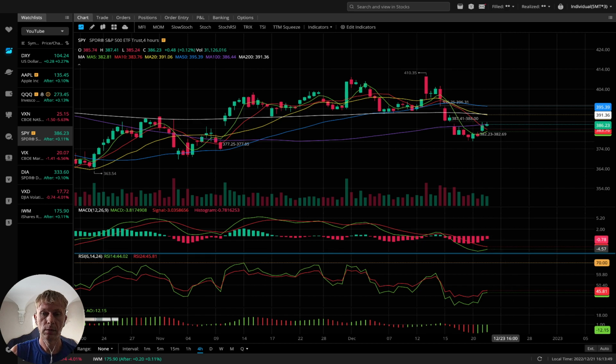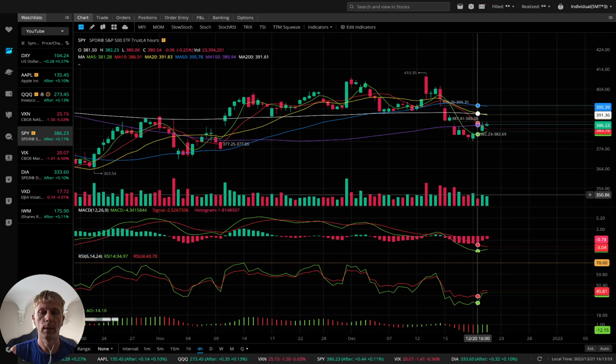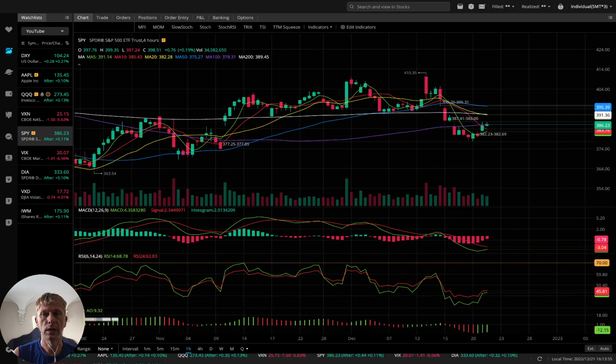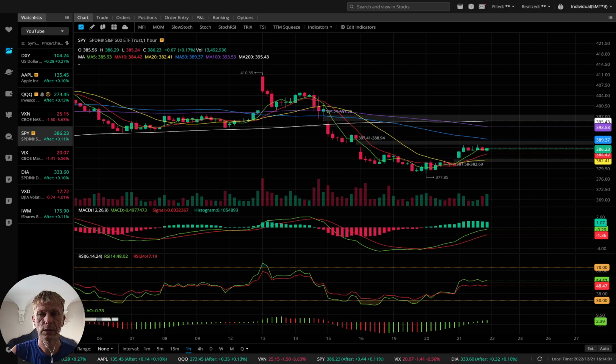On 4 hours, it wants to change to bullish. It's ready to change to bullish direction. On 1 hour, it's already changed to bullish direction. It's already bullish on 1 hour for all indicators, for all indexes. But it could have a correction to close the gap below, but it's still not confirmed.